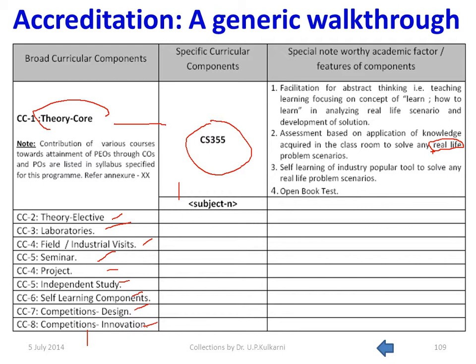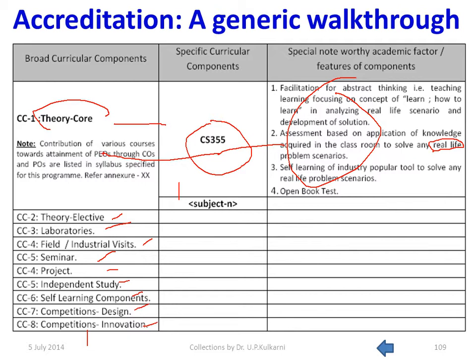So the question papers are different here. The third one is self-learning of industry popular tools to solve any real-life problem scenario. Open book test. There are many things that you put here, right? Under the title, special noteworthy academic factors, features of the component. These properties, through this particular course, through this academic curricular component, right?